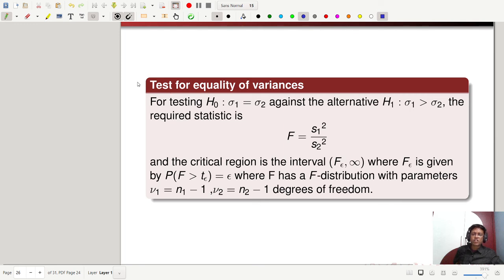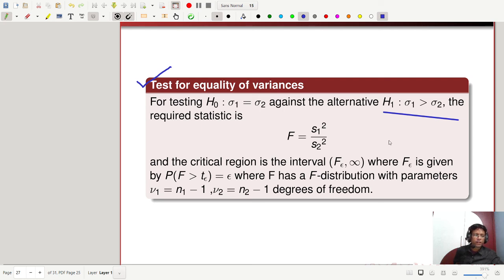Now you have the test of equality of variances. This is a very difficult one. So sigma 1 equal to sigma 2 is the null hypothesis. The alternative will be sigma 1 more than sigma 2. The required statistic is the F statistic, S1 square by S2 square.